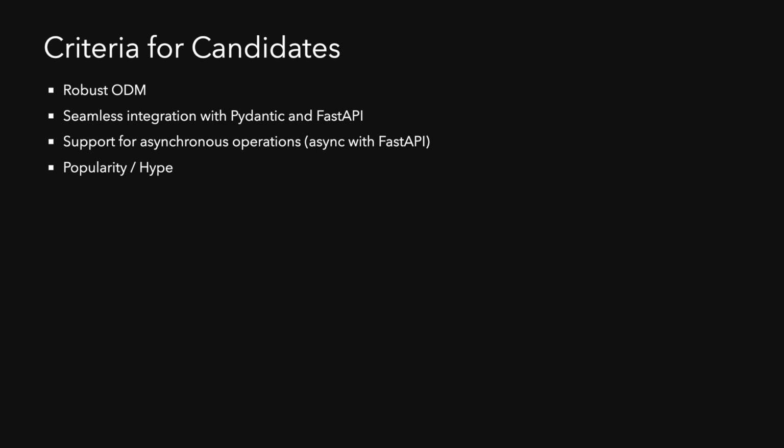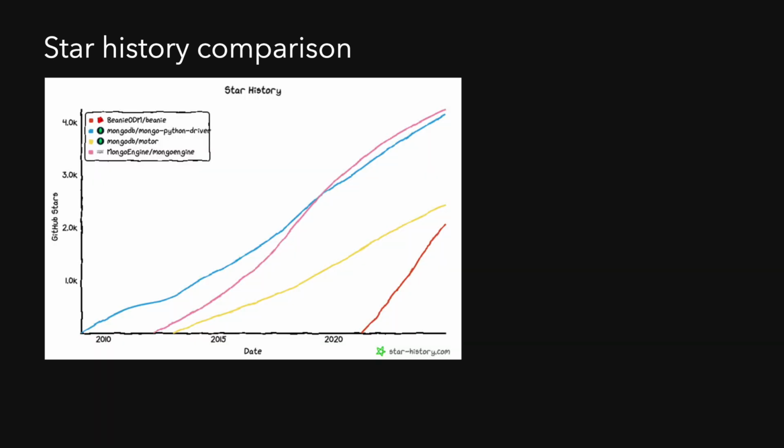Okay, I spoke about ODM, but now I will focus on popularity. If we want to compare popularity, we need to compare the star history on GitHub. As you can see, we can see how stars grow over time. Pink is MongoEngine, Motor is yellow, PyMongo, the Mongo Python driver, is blue, and Beanie is red.